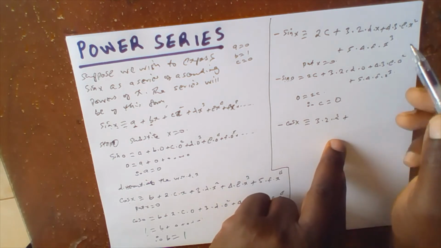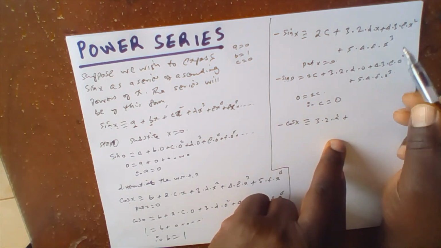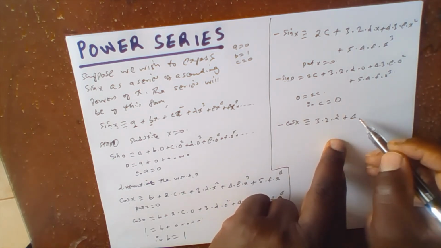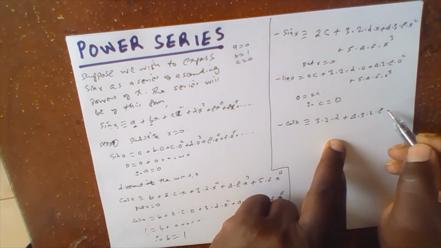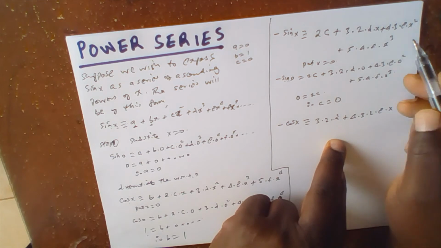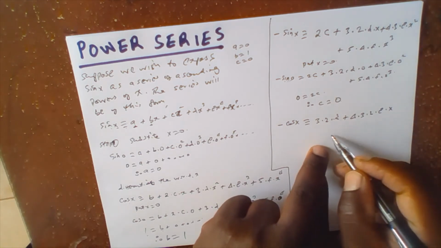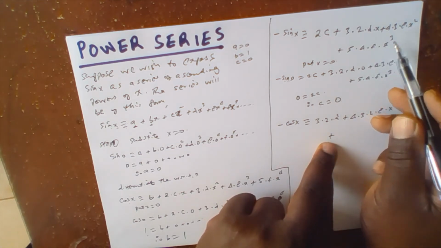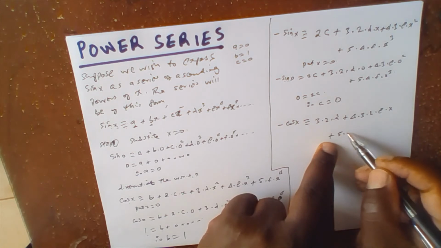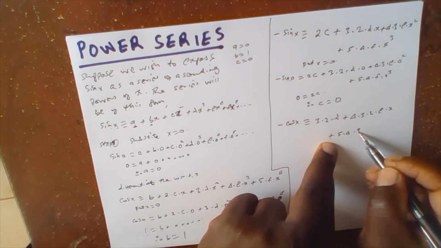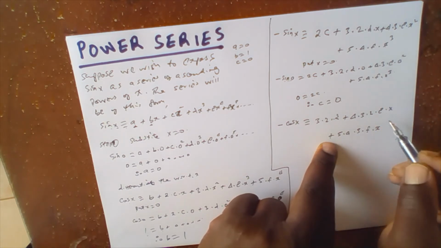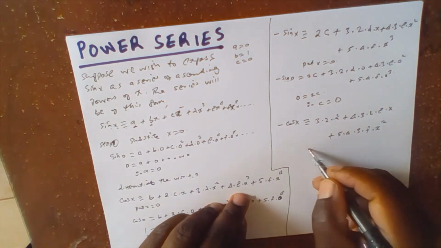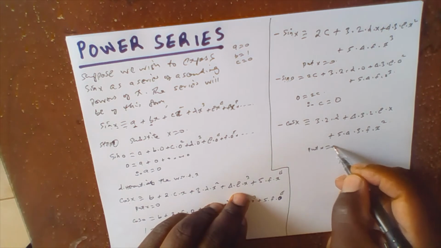Then plus, when you differentiate x squared, here you have 4 times 3 times 2 times e, then times x will remain with x, then plus, when you differentiate x cubed, here we remain with 5 times 4 times 3 times f times x will remain with x squared, and then we put x equals to 0.